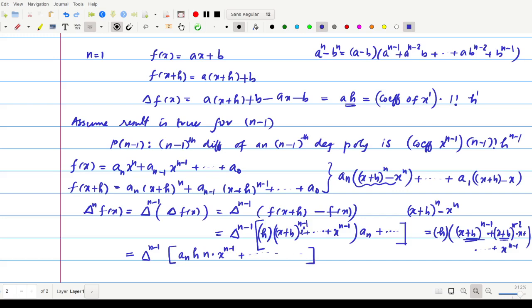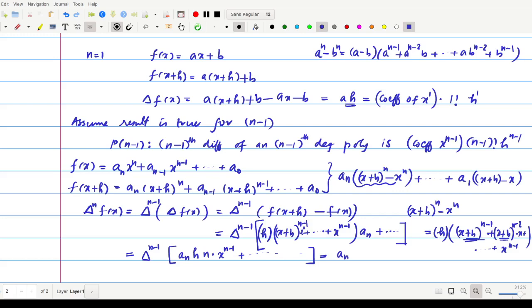So in order to evaluate this, when you simplify all these brackets, you will get the first term as a_n times h times n times x raised to n minus 1, etc. Now by using the induction hypothesis, we can say that Δ^(n-1), the difference of a polynomial of degree n minus 1, we have already assumed that this will be the coefficient of x raised to n minus 1.